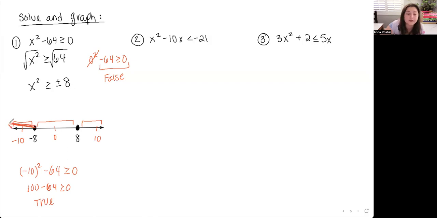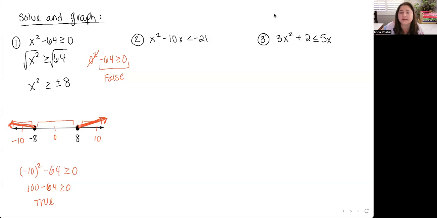Oh gosh, that does not look beautiful, but that's okay. The same thing is going to happen when I do positive 10. My arrow is going to go in the same direction. Sometimes I do arrows like this, sometimes I do them a little differently, but regardless of how you draw them, you want to make sure that they're super visible for your teacher to see that obviously they're pointing in that direction.